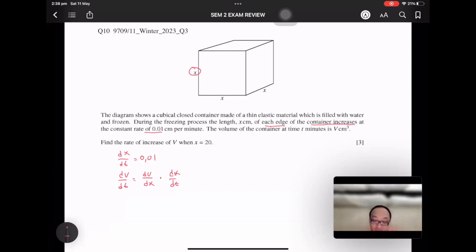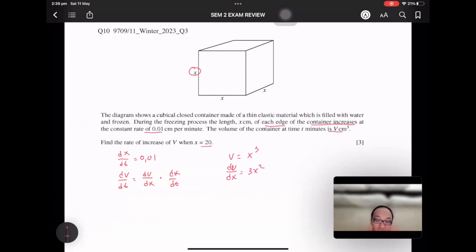So what is V? V is the volume of the container. The container is a cube, so the volume of the cube is x cubed. So dV/dx will be equal to 3x squared.